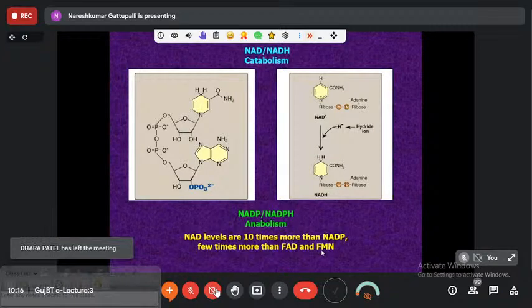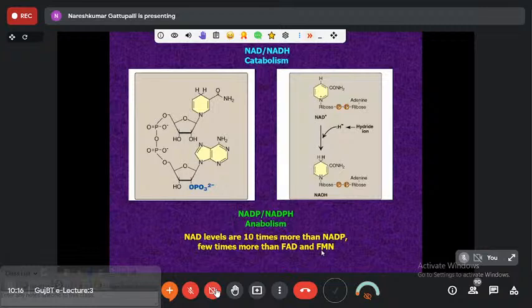So you need an oxidation process, some molecule which can take those electrons. That is mediated by NAD. The oxidized form is NAD and the reduced form is NADH, and this is responsible for most of the catabolic regulation.